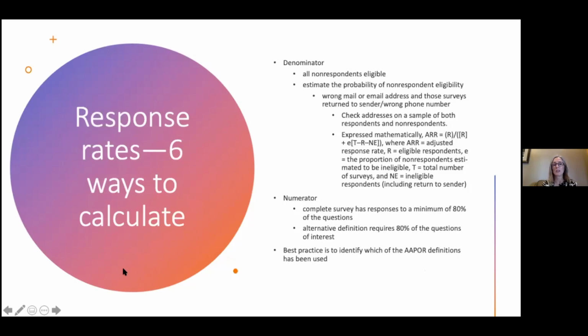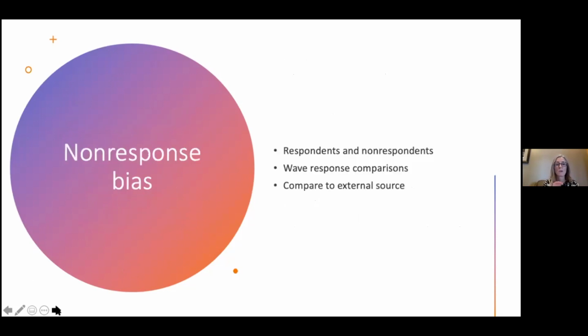But you do need to either say you don't know the denominator and you are solely focusing on what the respondents said, or identify which method you used. And then you need to compare. You need to compare to look at non-response bias.